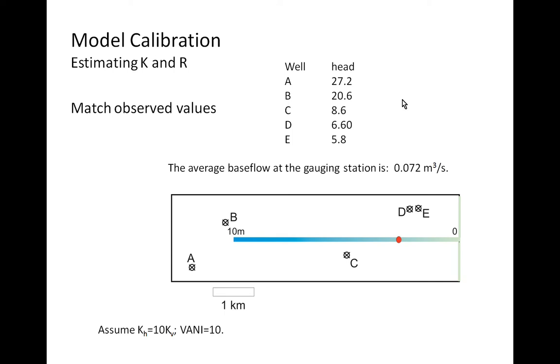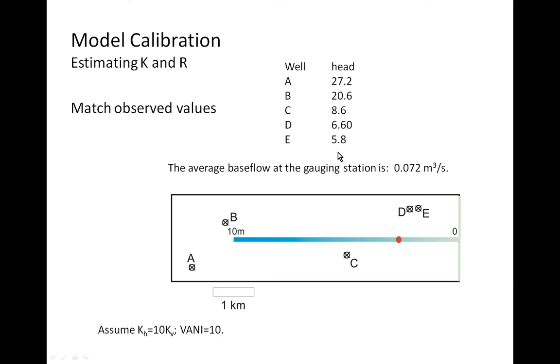Those are one set of observations of hydraulic heads. We also might have other kinds of observations, and one commonly used one is the base flow at a gauging station. If this is a stream here, you can imagine that we've got a gauging station that measures the flow at this point, and the average base flow at that point is this value. So that's another kind of observation.